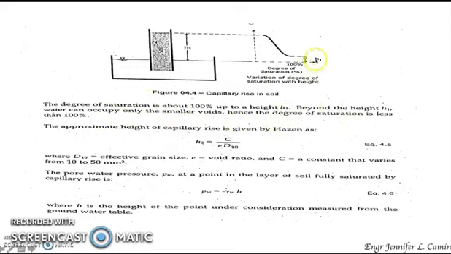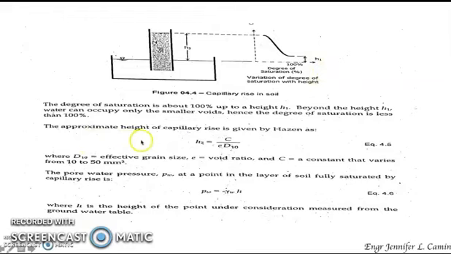Beyond the height H1, water can occupy only the smaller voids, hence the degree of saturation is less than 100%. So within this small h1, the degree of saturation is 100%. Beyond h1, the degree of saturation is less than 100%.